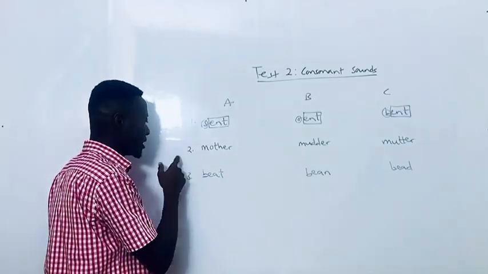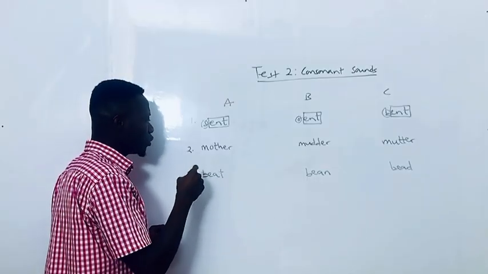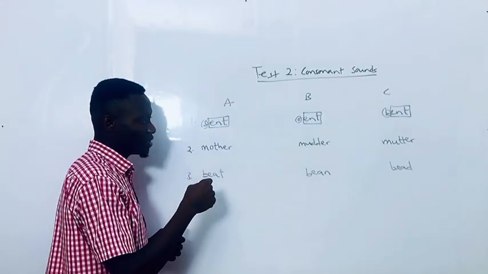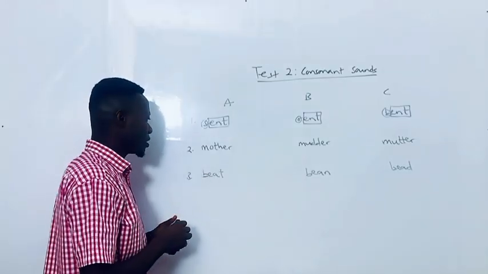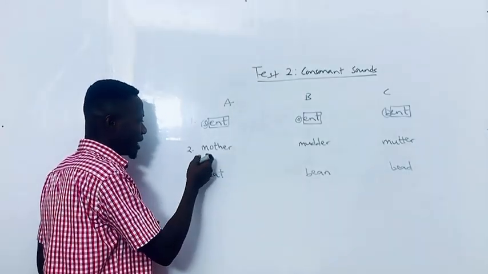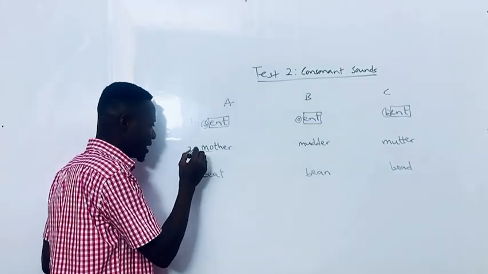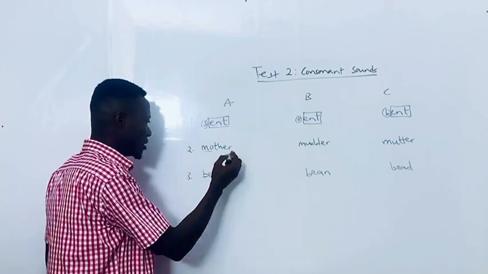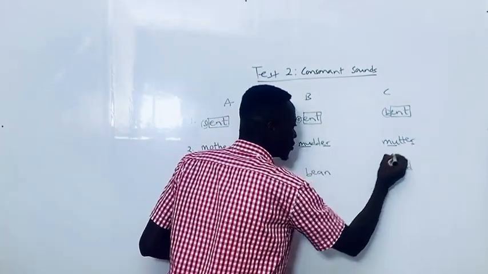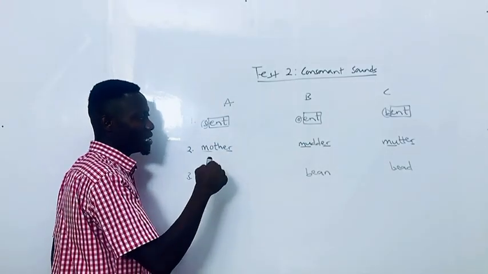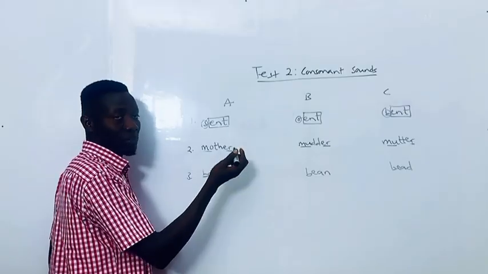Now let's look at example 2 or number 2. Here, the consonant sound that creates the difference is in the middle of the option, right? Because each word has the ma and a, the ma that begins and the a that ends. So it is the consonant sound in the middle of the option that makes one different from the rest.